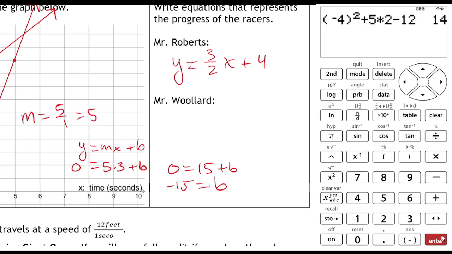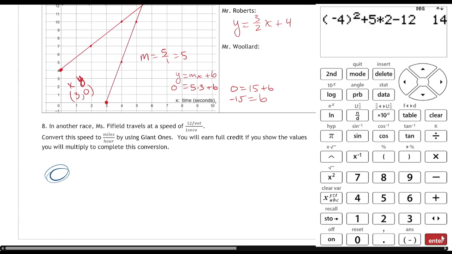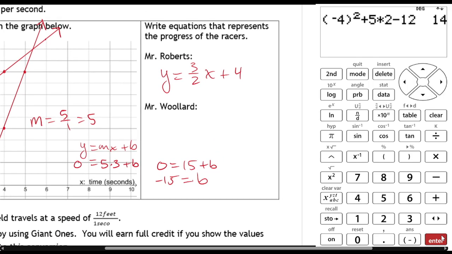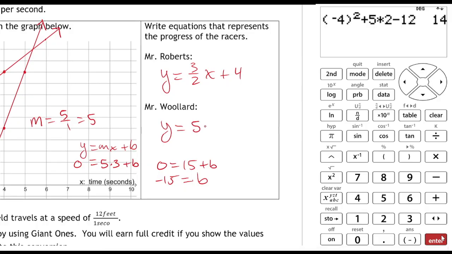So we now know the y-intercept, and we knew it was down further because of the negative numbers. It's at the number negative 15. So we can get that even without the graph, and we can write his equation: y equals 5x minus 15.